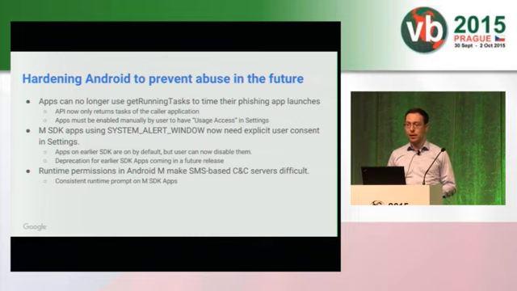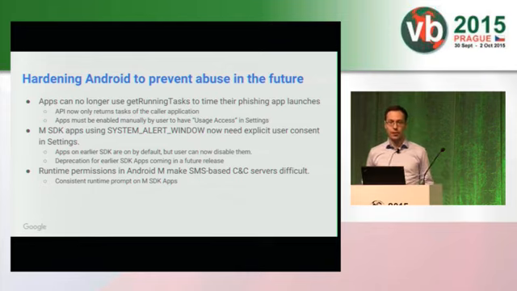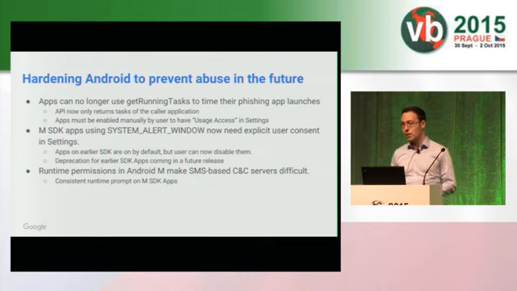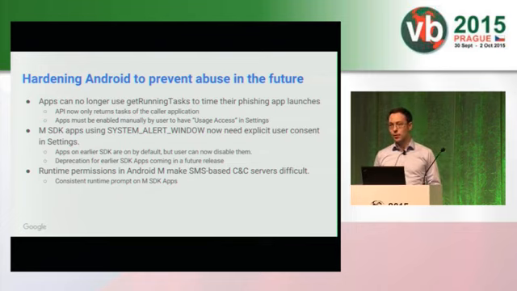So for example, what we already did, I'm not sure if it was actually Android M, I think we already did it in the versions that we released before, is that regular applications can no longer use getRunningTasks to figure out what application is starting, what application is running, so they cannot use that API to time when they show up their phishing dialog for credentials phishing.